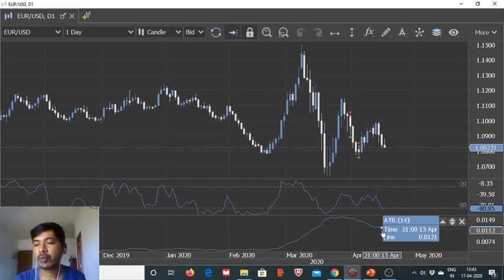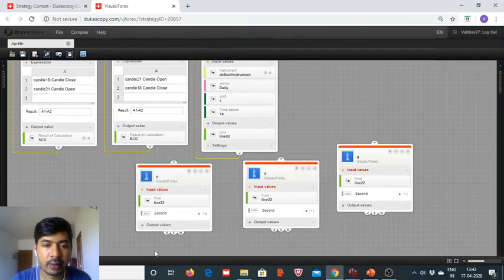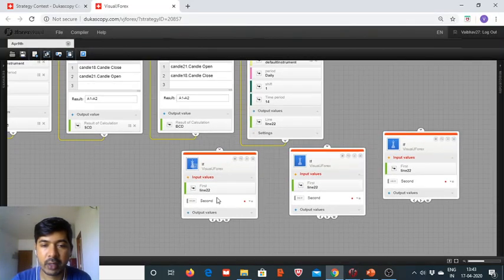So we will need to define values for 60 pips. We will have to keep it like 0.006. For 120 pips it will be 0.012, and for 180 pips it will be 0.018. So again we go back and we write it.